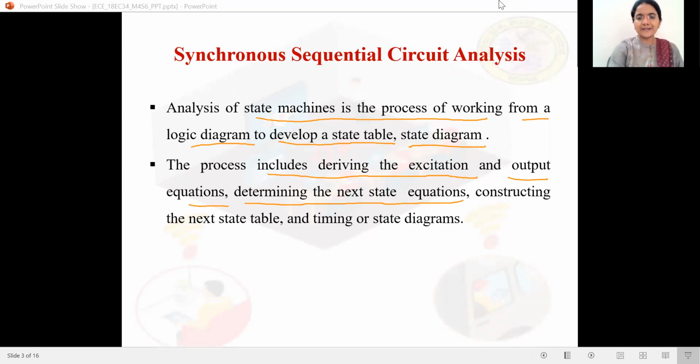After getting the next state equations, we construct the next state table, and after that we can easily write the state diagram. This is the way we get the state diagram or state table from the given logic diagram.